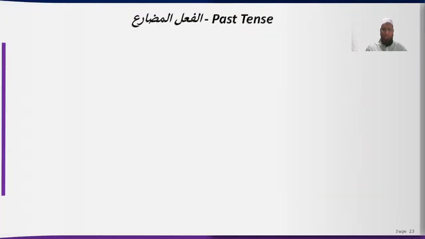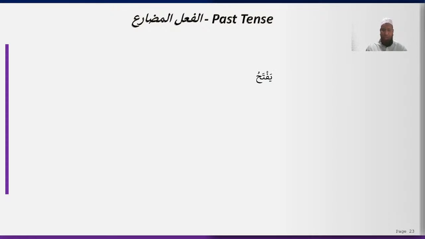Now let's look at some examples, and let's do the i'rab. Yaftahu, by looking at it, what siga is it? Can you identify by just looking at it? Yaftahu. The fa is the fa kalima, the ta is the ayn kalima, and the ha is the lam kalima. We have the ya prefixed at the beginning to show it is mudari.